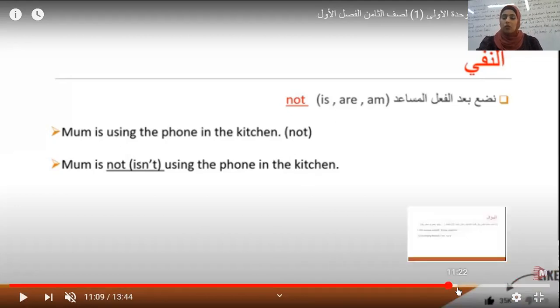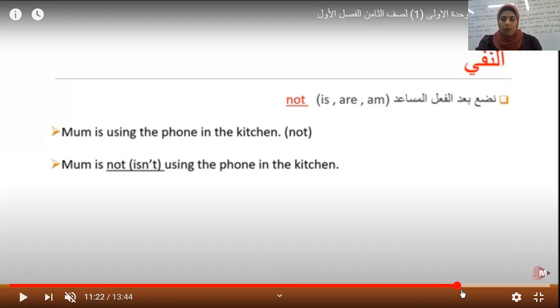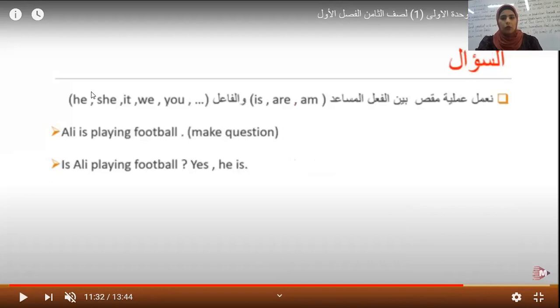Now we need to talk about forming a question. To form a question, you have to change the place of the subject and the place of the auxiliary verb. In present simple, we use do and does at the beginning of the question, and after that we use the pronoun or the subject. Here we have an auxiliary verb, so we just change the subject and the auxiliary verb places.